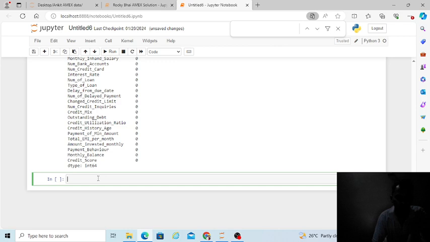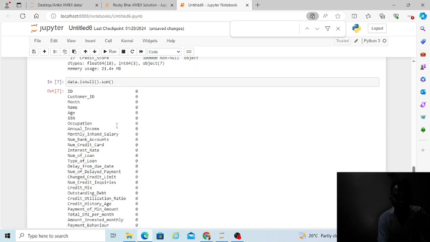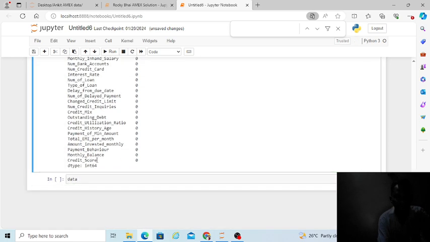Now we will check our target column, which is credit score, which determines the credit worthiness of a person.